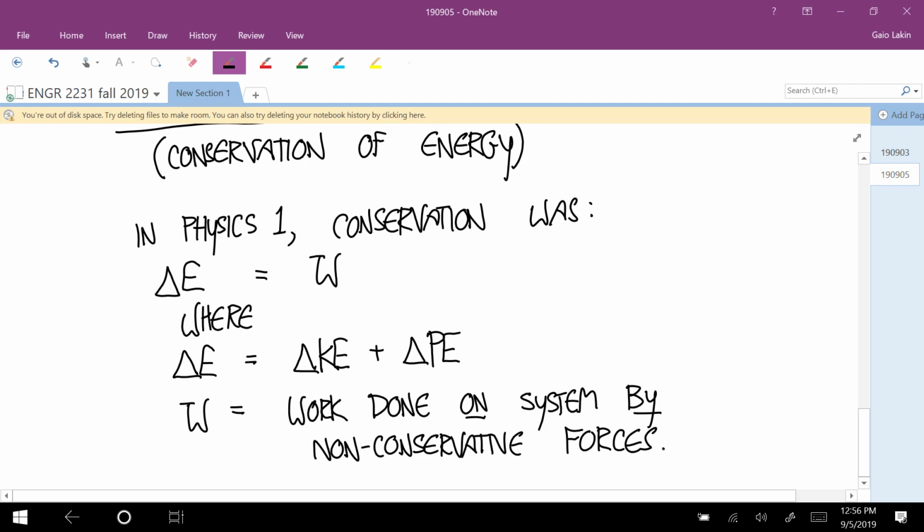So we need to be clear on what conservative and non-conservative forces are. How does potential energy relate with work? Now, anybody remember what the work energy principle is? I think I might have asked this a couple days ago.